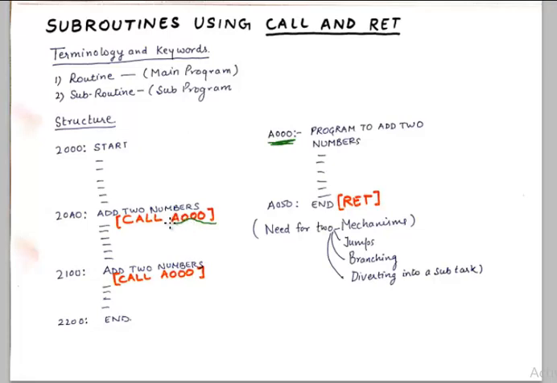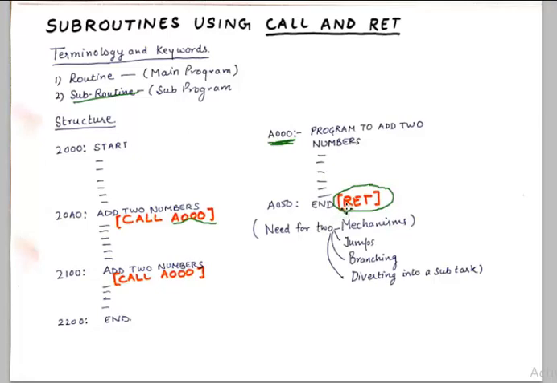And what it'll do is it'll take the microprocessor to this location and it'll start executing the instructions written in that location and progressively in the following locations until it encounters a return instruction, because every subroutine must terminate itself with a return instruction.